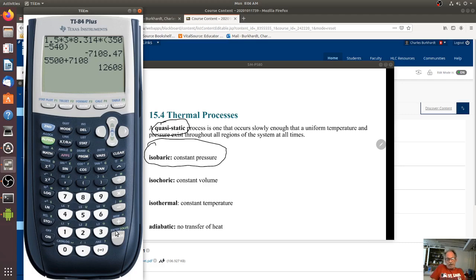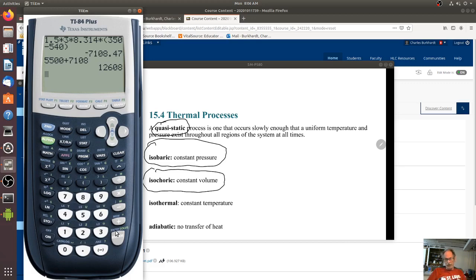Isobaric means that the gas will either absorb heat or do work at a constant pressure. Bar, barometer, means pressure. Isobaric. Isochoric is a process that takes place at constant volume. Put a gas into a fixed volume and add heat to it.